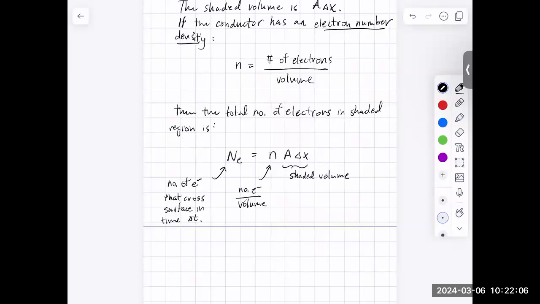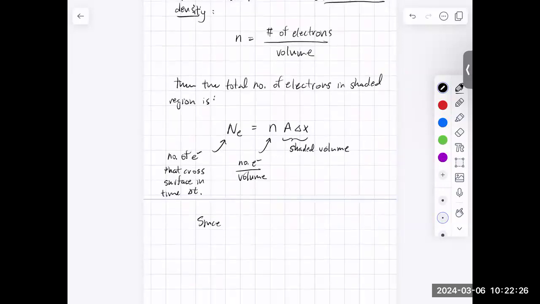Well, if we know the number of electrons and every single electron has the exact same charge, usually denoted little e, which is 1.6 times 10 to the minus 19 coulombs, then Ne times the charge tells us delta Q, the amount of charge to cross our surface.